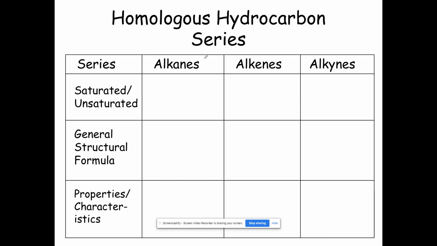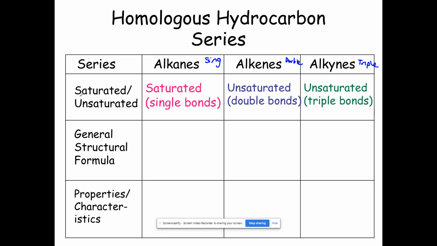So alkane, single bond. And you only need 1 double bond and you're an alkene. So double. Alkyne, triple. All right. So are they saturated or unsaturated? Well, if you are saturated, you're going to have all single bonds. Unsaturated means you don't have all single bonds, which means both of these.